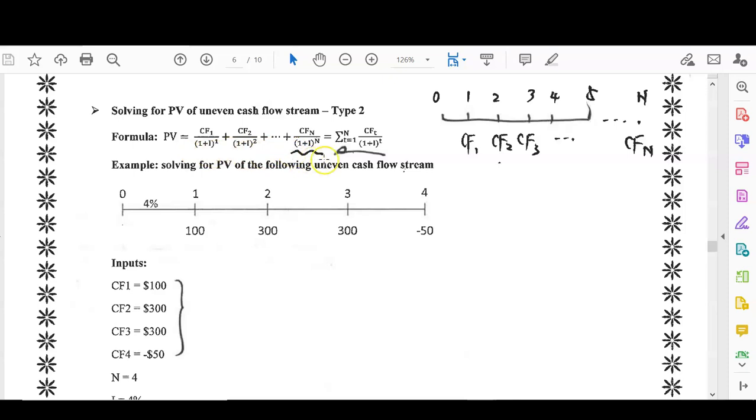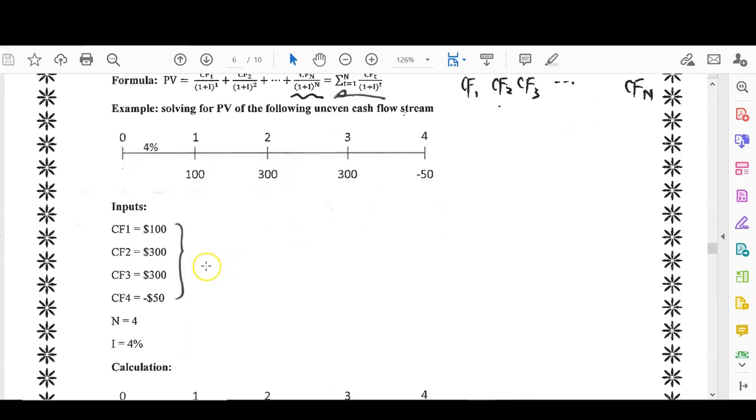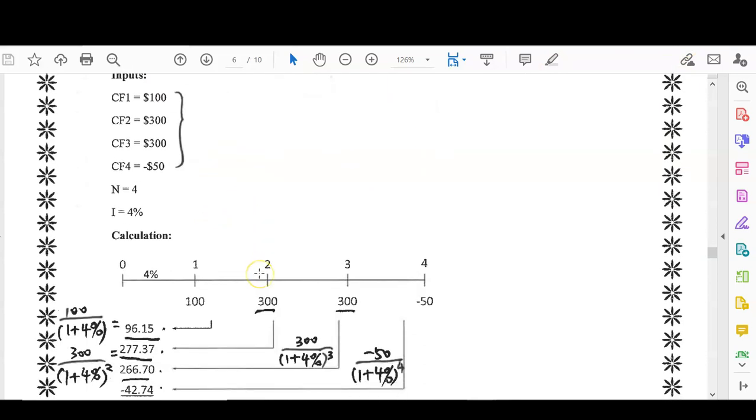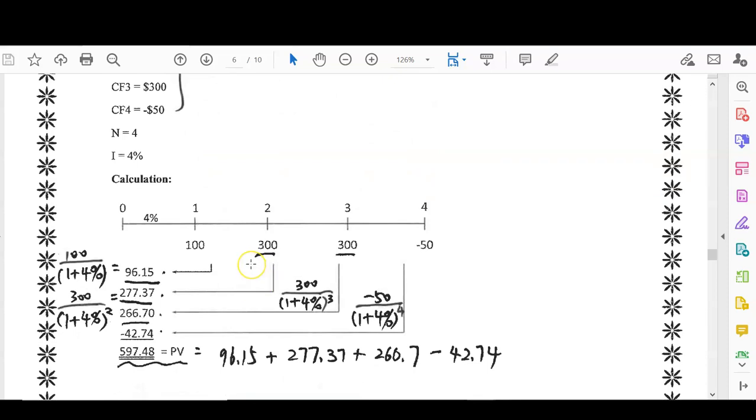Okay, for example, if we have 100 at time 1, 300 at time 2 and 3, and negative 50 at time 4, we can just use the uneven cash flow function on our financial calculator, input all the cash flows and interest rates, and calculate for our present value as NPV.